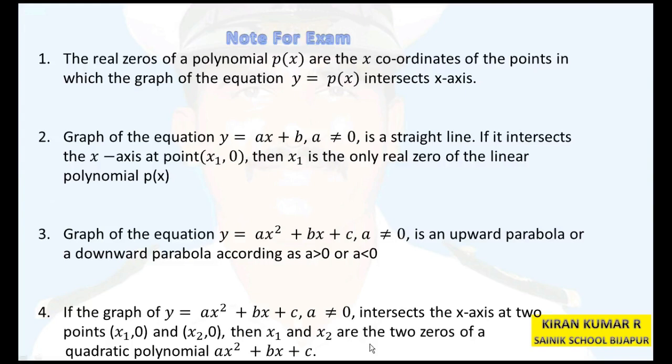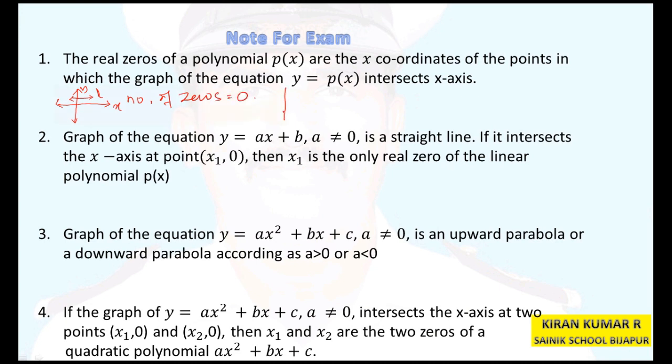We have solved a question wherein different graphs were there. We have understood. Say this type of graph was there. This was y-axis and this is x-axis. We add a line L parallel to x-axis. In this case, number of zeros is 0.